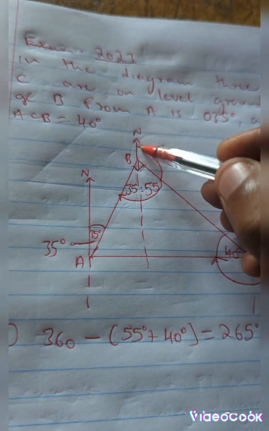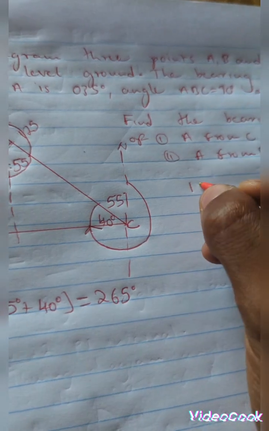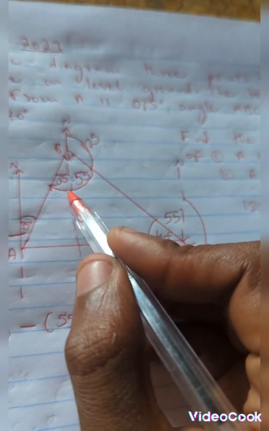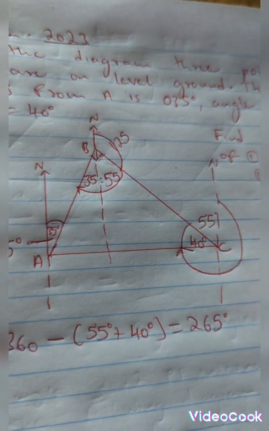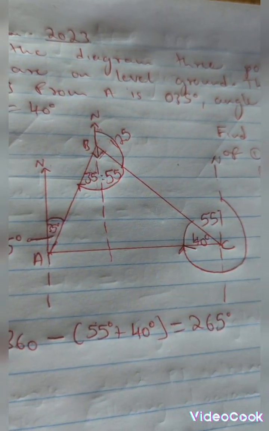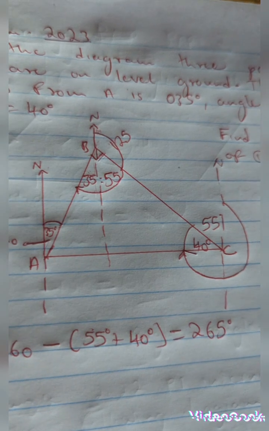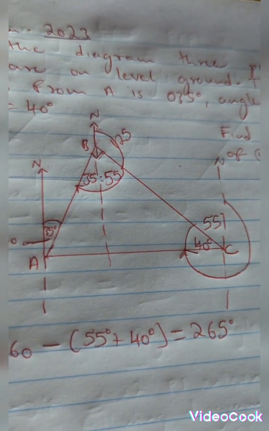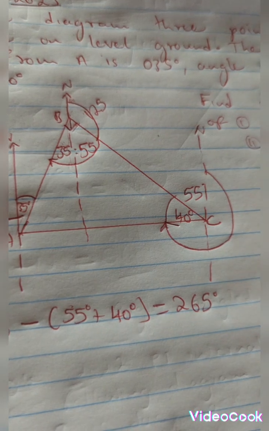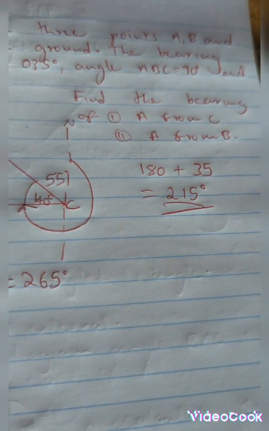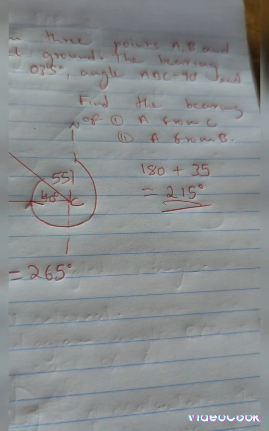Remember, from here up to here it's 180, so we're going to say 180 plus 35 because they need up to here, so plus 35. What are we going to get? 215 degrees.